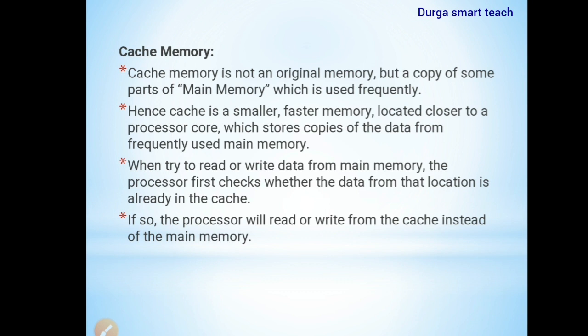That's why cache memory is very fast, because it is closer to the processor. Whenever we want to use the data, we can directly access it from the cache memory, instead of accessing it from the main memory.